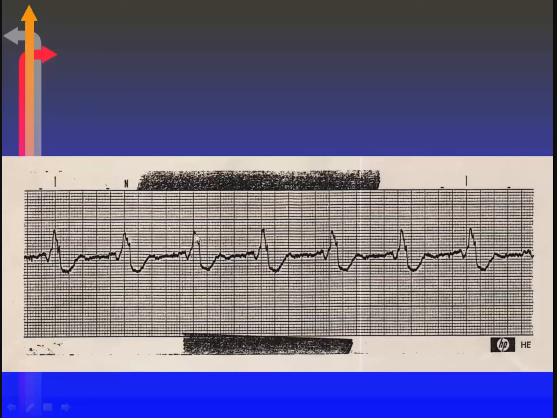I could also count the number of big boxes. 1, 2, 3, 4, 5. Divide that 5 into 300 and I get 60. And I can count 5, 10, 15, 20, 25 into 1500 and we get about 60 also. So you can see you get a little more precise as you go along. Now that's assuming that it's a regular rhythm, which this is.